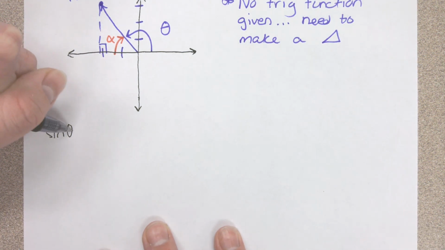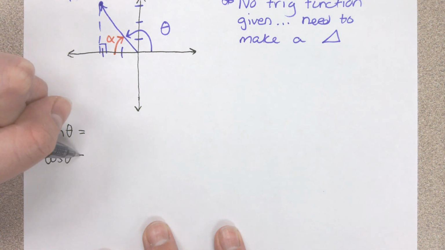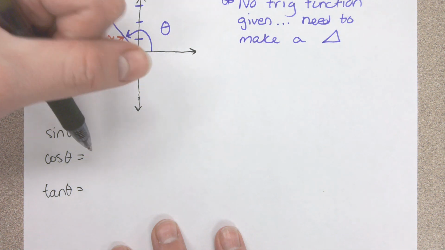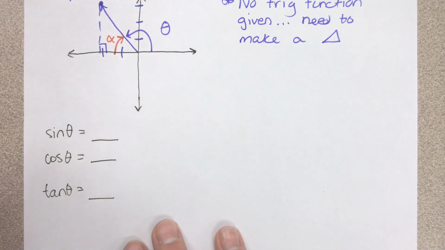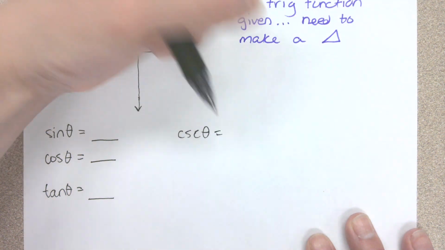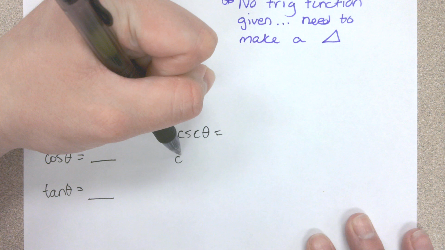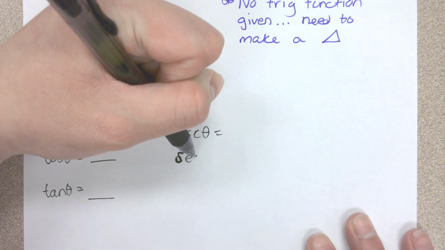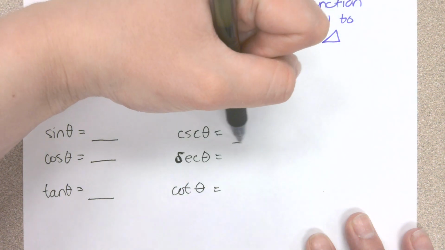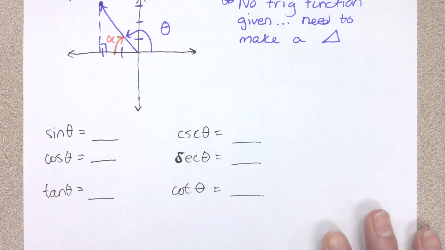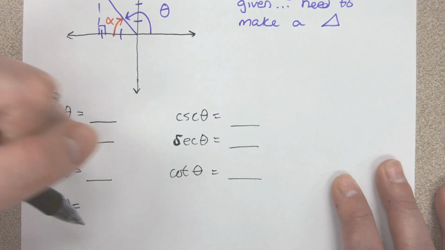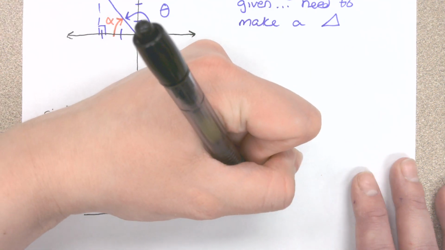We have sine of theta, cosine of theta, tangent of theta, the reciprocals, cosecant theta, secant theta, and cotangent theta. And at the very end, we will figure out theta and alpha. That'll be the last thing we do.